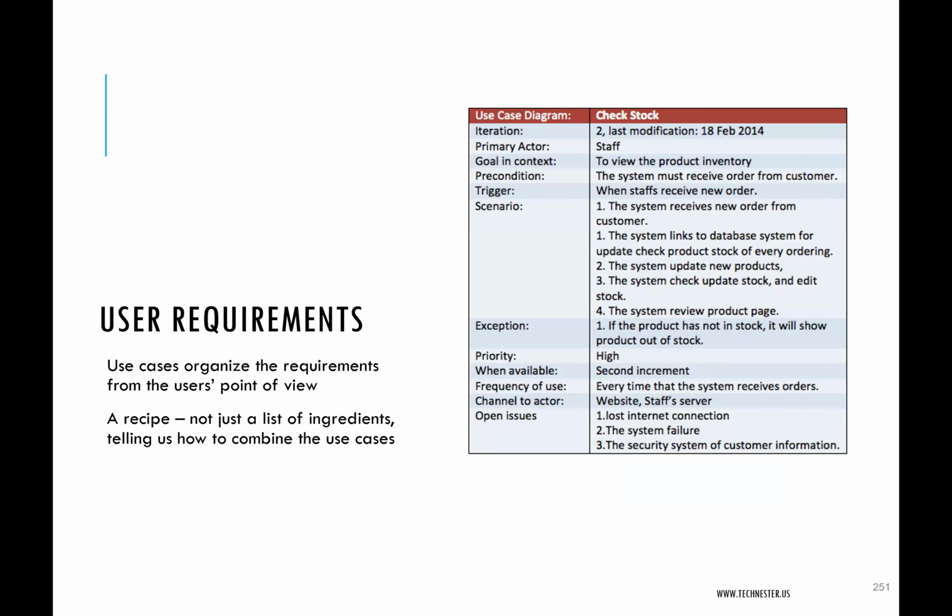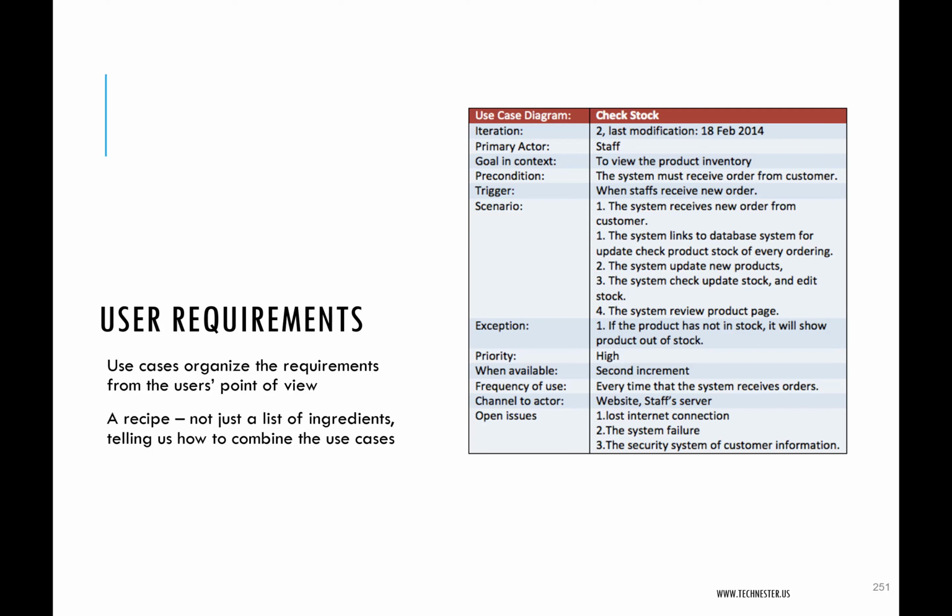Use cases also organize requirements from the viewpoint of the user. Use cases is the first place where we start looking at requirements from the viewpoint of the stakeholders or the people that would use the actual system.